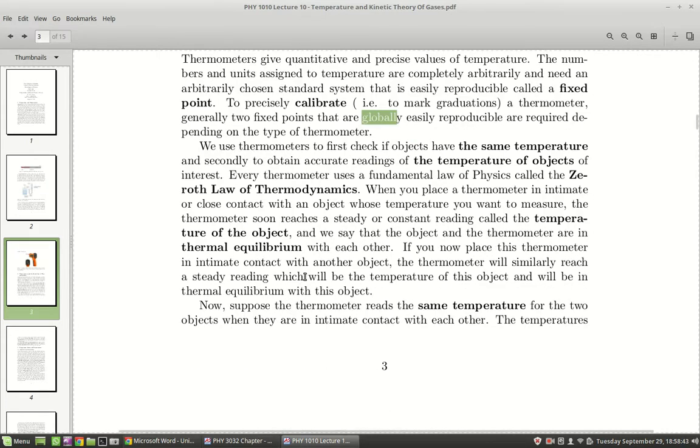Well, let's take the case of people who go to the hospital. Patient A goes to the hospital and patient B goes to the hospital. Then they go to the nurse, who wants to find out what the temperature is. So the nurse is going to get a thermometer, most likely put it in the armpit of the first patient. Then we wait for 3 minutes.